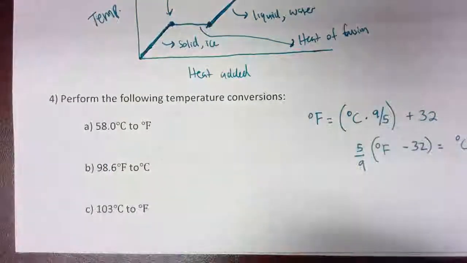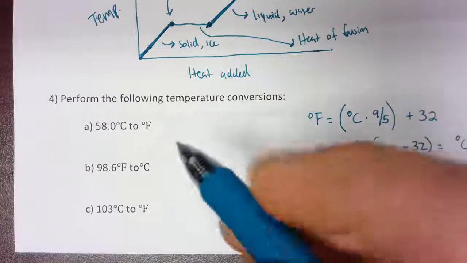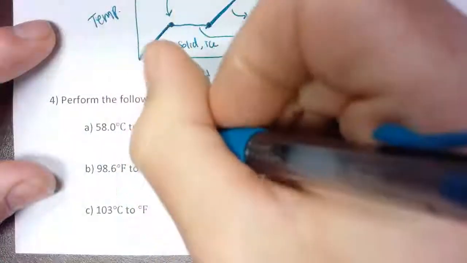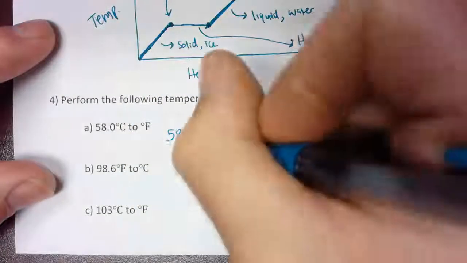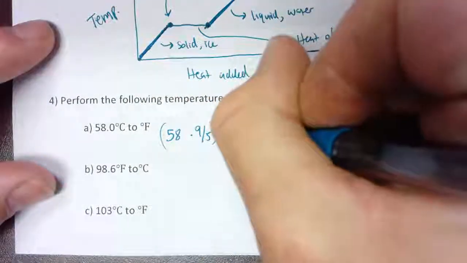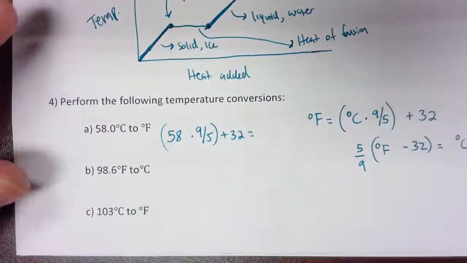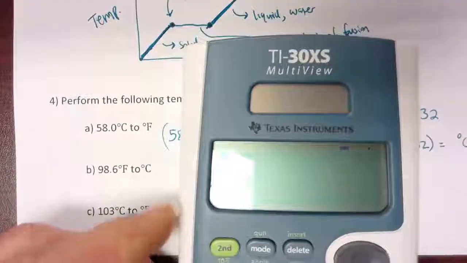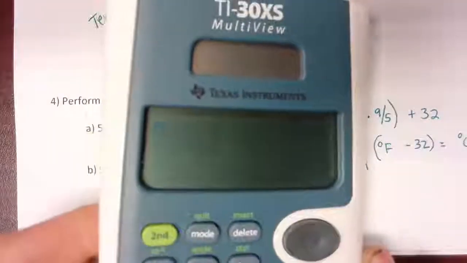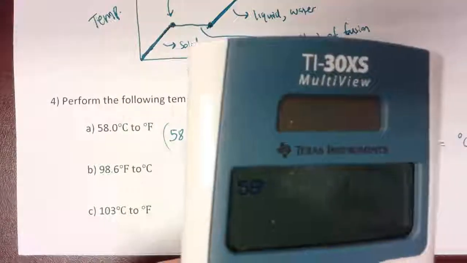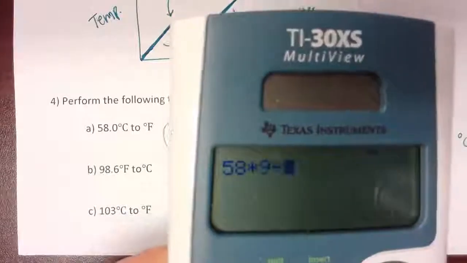All right, so the first question, 58 degrees C into Fahrenheit. So I'm going to use this formula here. 58 times 9/5 plus 32. Now I'm going to show you how I would input this on a calculator. So 58 times 9/5.